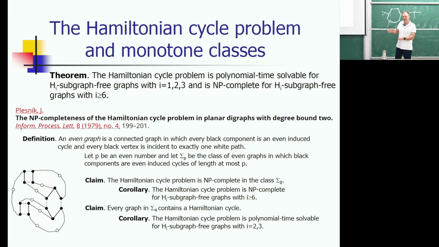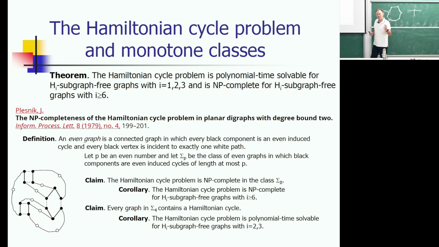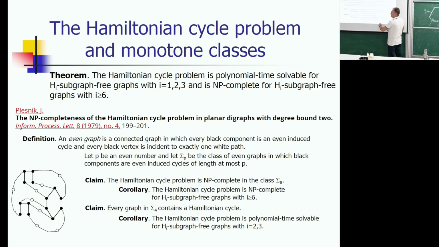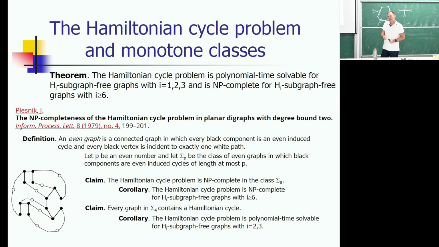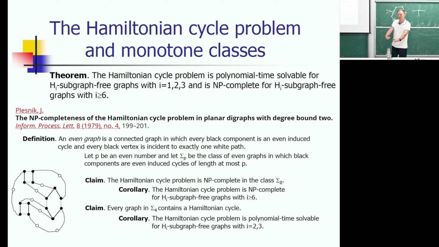There is a long sequence of reductions, reducing the input graph to a graph in sigma 4. In this sequence of reductions, you either conclude that a Hamiltonian cycle in your graph does not exist, or eventually you reduce the problem to a graph in the class sigma 4.